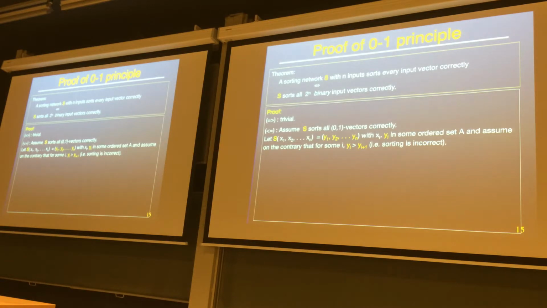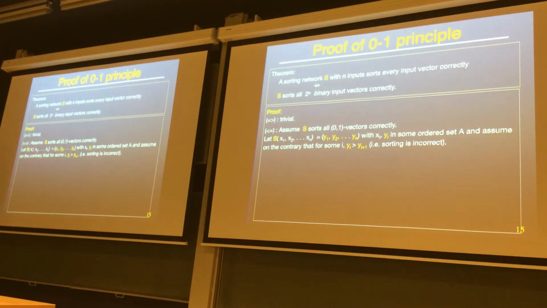Well, there is one famous technique, of course, in such proofs, and that's if you would like to prove something, then just assume the converse and show that it doesn't hold. Then you are forced to assume the original. So, assume now that while all binary vectors are sorted correctly, the sorting network makes a mistake with some arbitrary input.